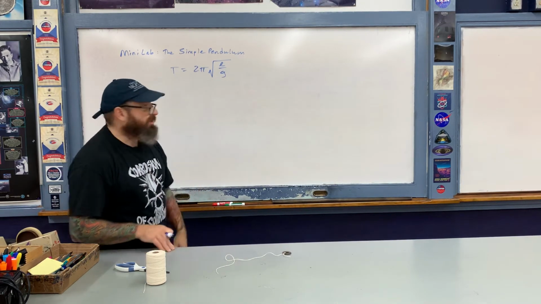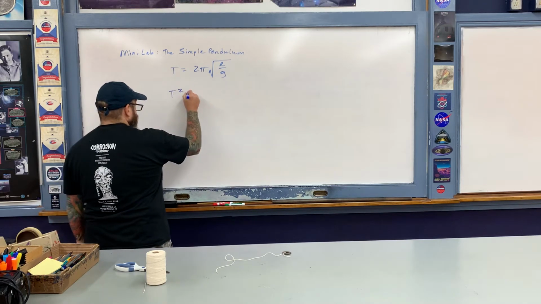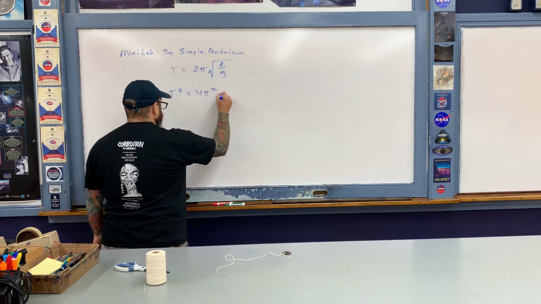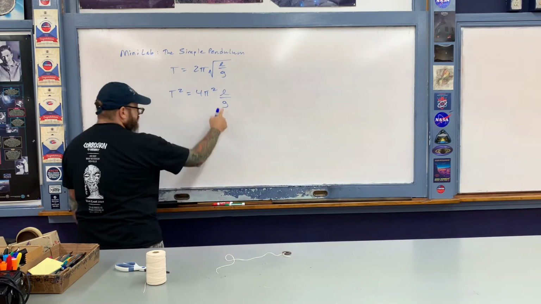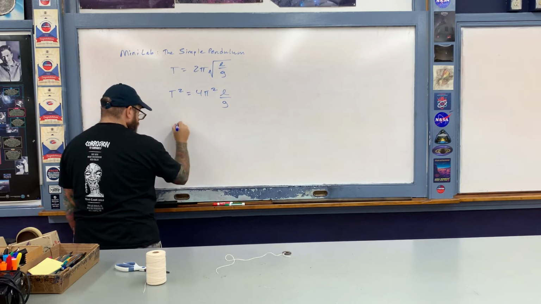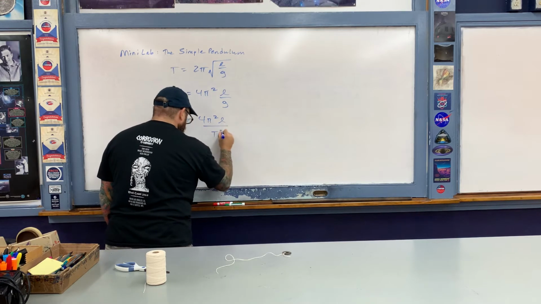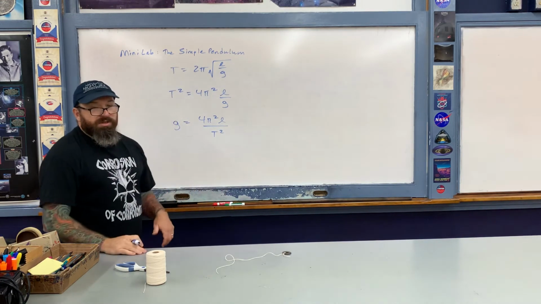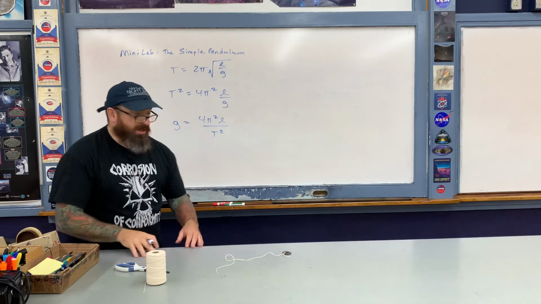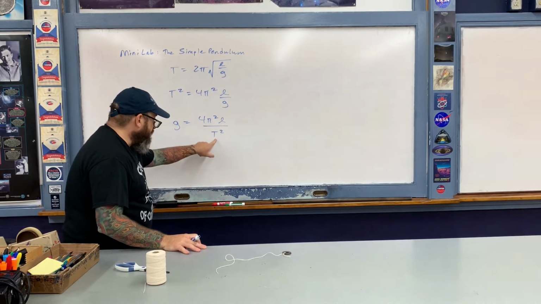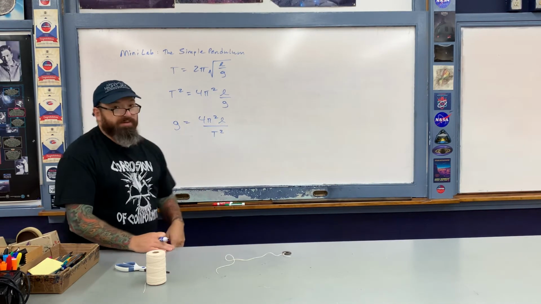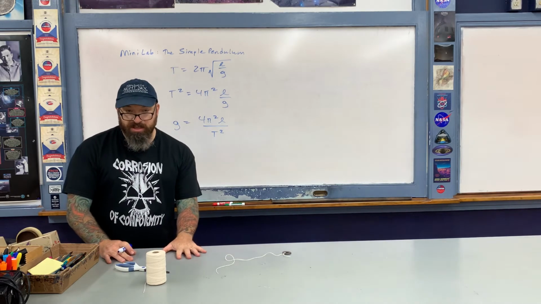So let's go ahead and square both sides of the expression like so. And now I'm just going to cross multiply here to solve for g. Like so. So then therefore in part 2 of the exercise, we'll take our pendulums of length L, the period that we measured, and then we'll go ahead and plug everything into this little formula to calculate now g.